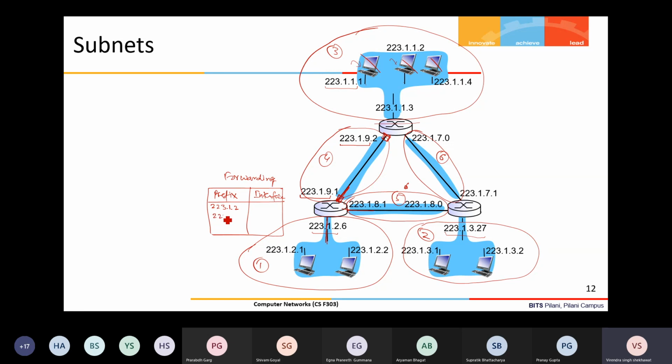Another is 223.1.8. Another is 223.1.9. I think you mean to say these 3 entries, or something else? No, sir, I am wrong. 6 entries would be required, I think.